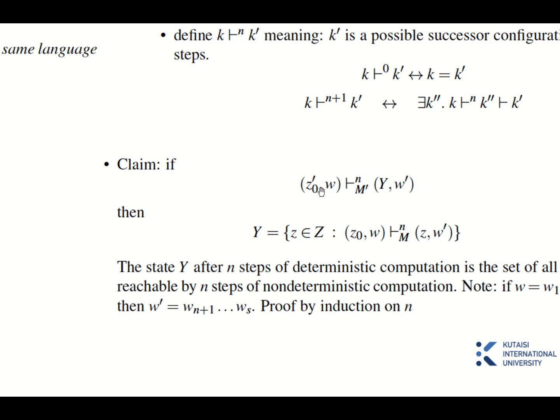So I constructed my DFA by gluing these things together, and I start at Z0 prime, the start state, and I read word W. This says that after n steps, I end up somewhere.